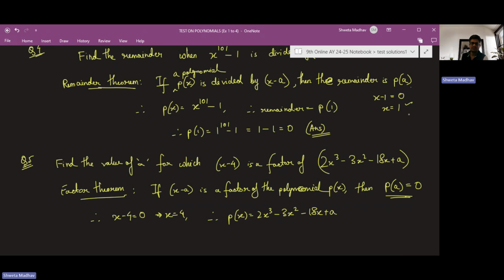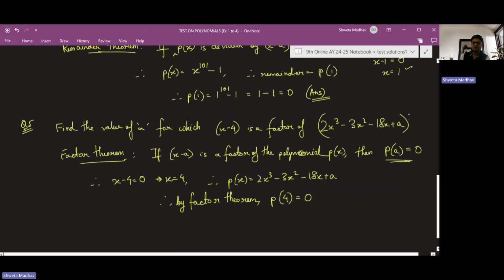Then only x minus 4 will be a factor of this. So by using the factor theorem, we can say that p of 4 should be equal to 0, since x minus 4 is a factor of this polynomial p of x. So p of 4 will be 0.